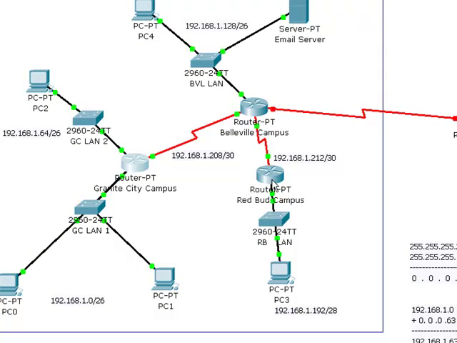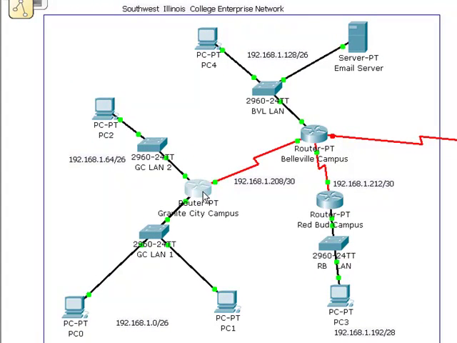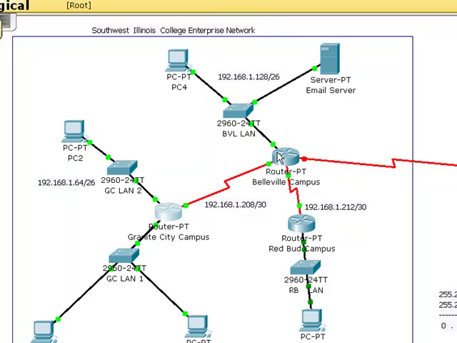What we're going to do in dynamic routing is configure the Granite City campus router to advertise to the other routers about the Granite City LAN 2 and LAN 1. And then the Belleville campus and Redbud campus will do the same for us. They'll tell us about the networks that they're directly connected to.